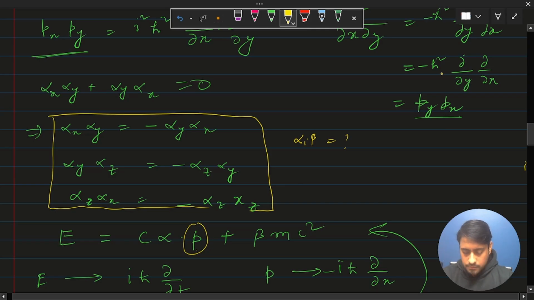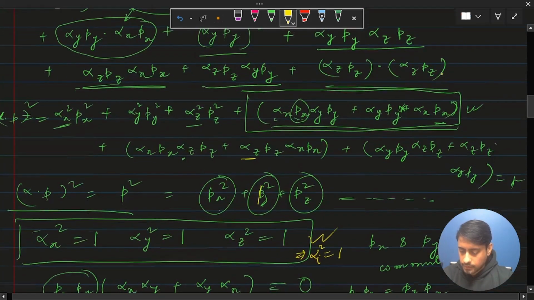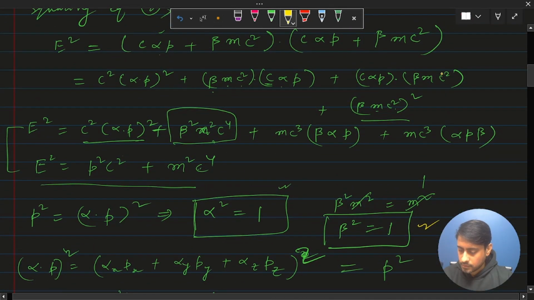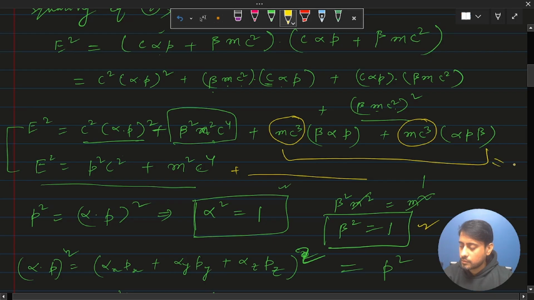So we want to check what alpha I beta gives. I think we should go back and see this, for the first time when we were comparing the energy expression. We compared the P squares, these coefficients. Then we know that there are no such mc cube terms in this expression, so the sum of these should give you 0.